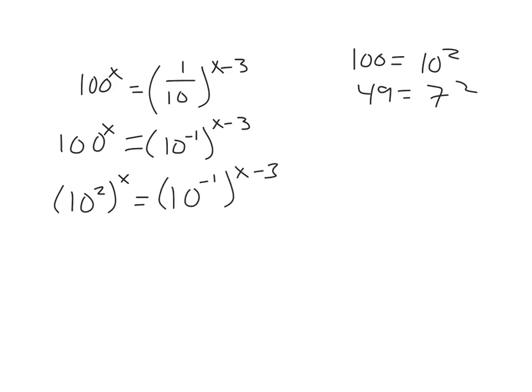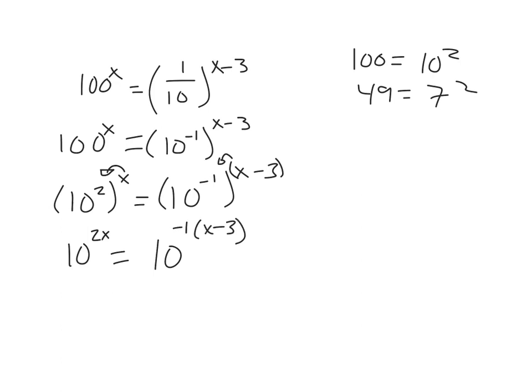Now, utilizing our properties of exponents, the power property, we can distribute this x into here and distribute this x minus 3 into here and multiply them. So this side will be 10 to the 2x because 2 times x is 2x. And then here, I've got 10 to the -1 times x minus 3.